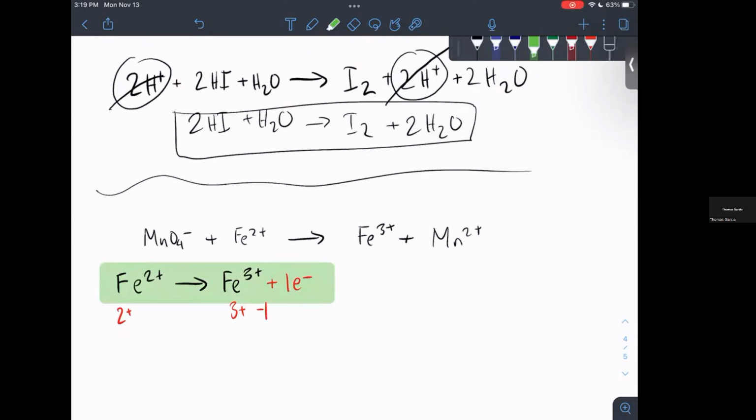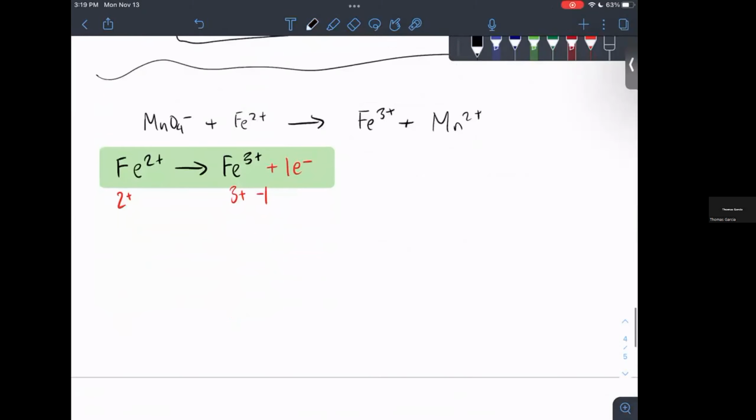All right, the problem is now when we go to our reduction reaction. We have MnO4 minus turns into Mn2 plus. The first thing I realized right off the bat is, well, I have one Mn on each side.